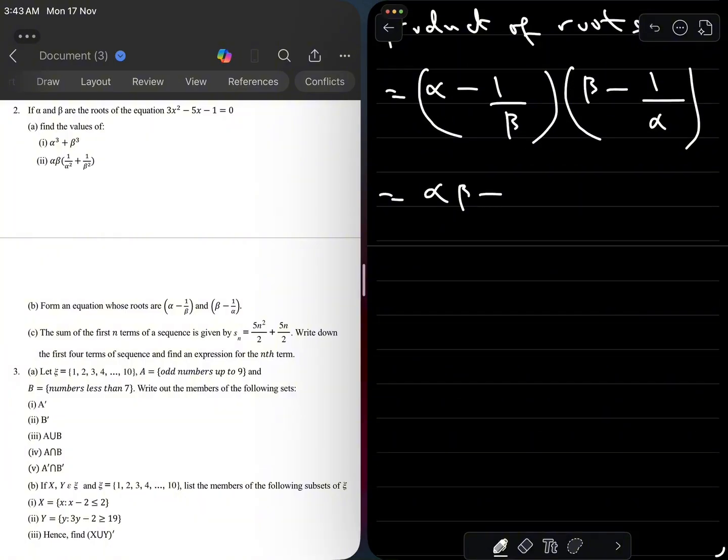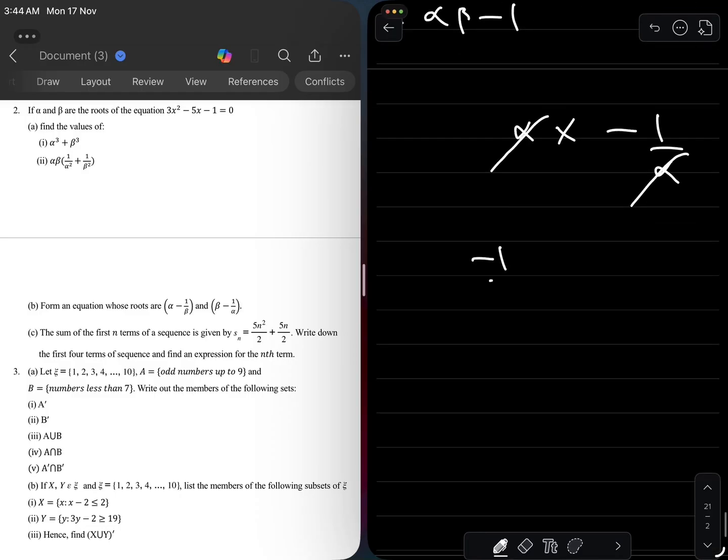Alpha times beta, alpha times minus 1 over alpha. Alpha cancels alpha, and the answer is minus 1. So that's alpha beta minus 1. Now minus 1 over beta times beta. Let's check that. Beta cancels beta, and that's minus 1.